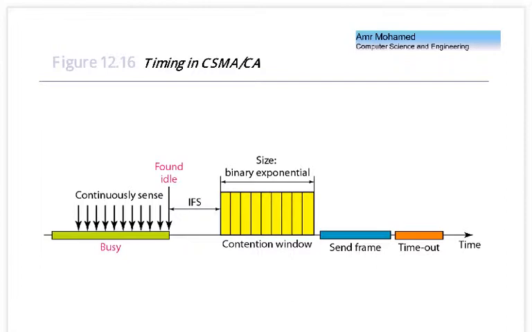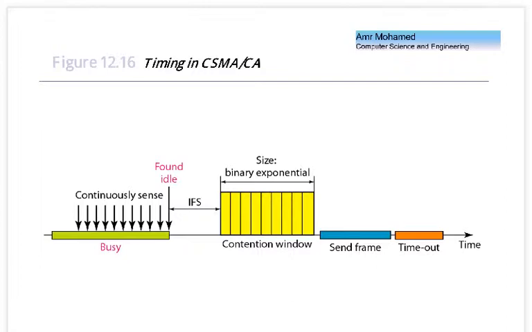So what we have discussed is that we use the interframe spacing as one of these stages, and then we use what we call exponential contention. So we use what we call a contention window, which is divided into time slots, and we use a parameter called K to calculate the contention window.